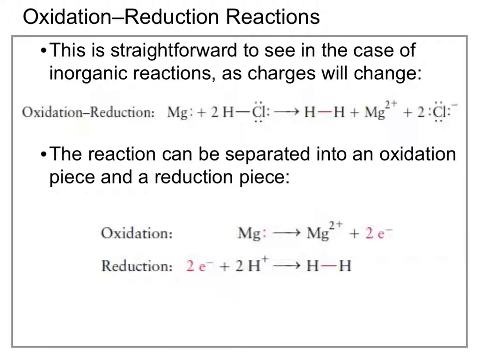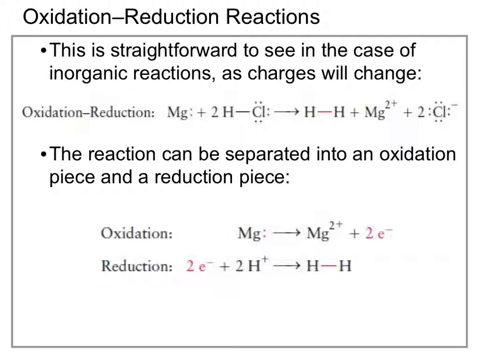This process is pretty easy to see if we actually investigate what happens to the oxidation numbers, or the charges, in the case of certain reactions. We have to remember that anything in its natural state, such as magnesium in its solid form, or hydrogen in its gaseous form as H2, will have a charge of 0.